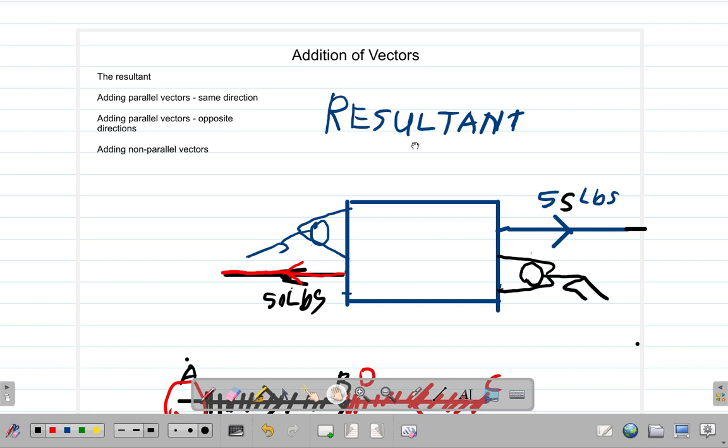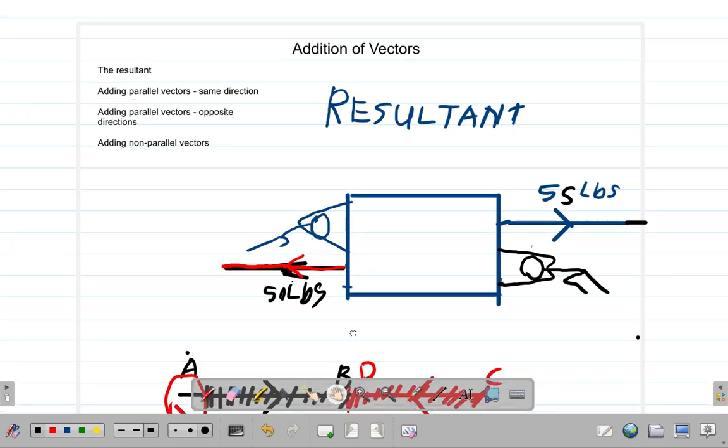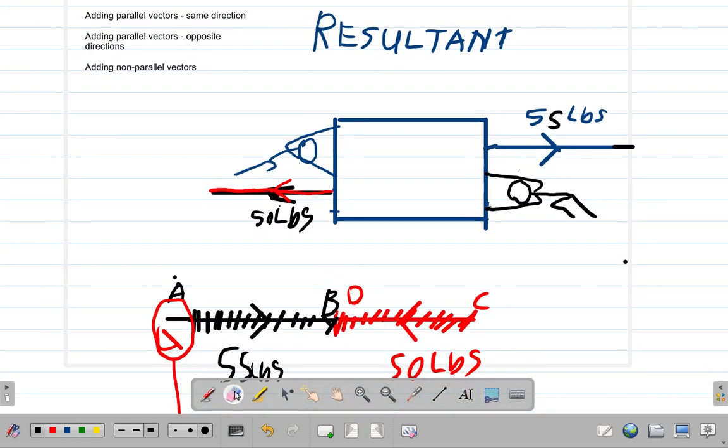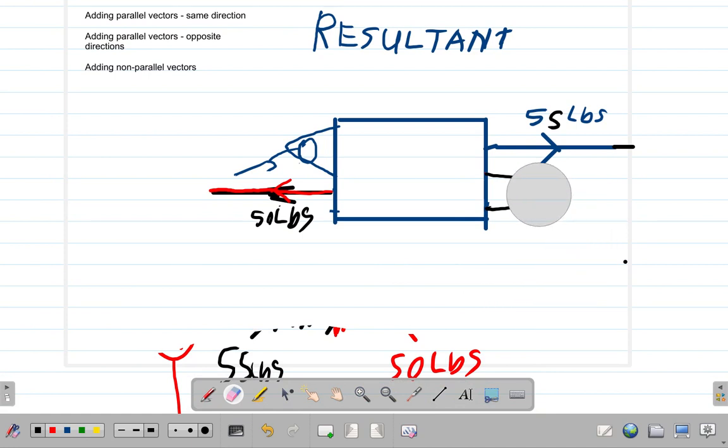But now we'll look at something else. We want to find out what happens when vectors act non-parallel. Let us see. We must erase first of all.